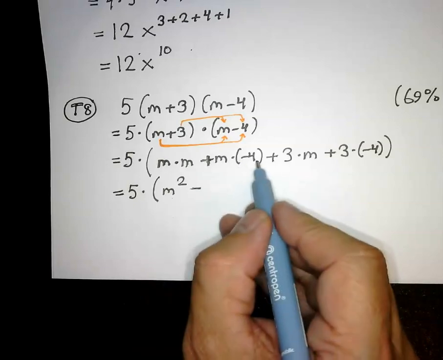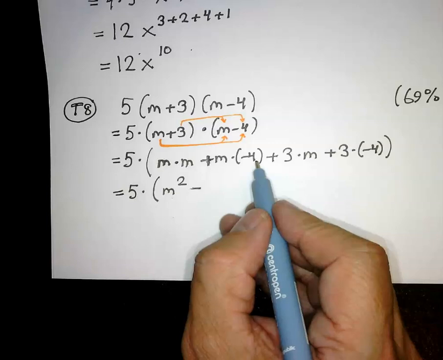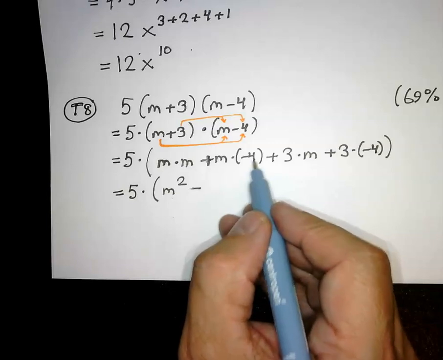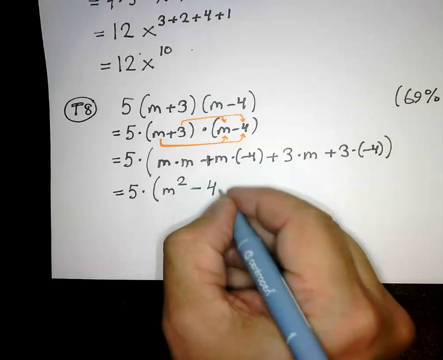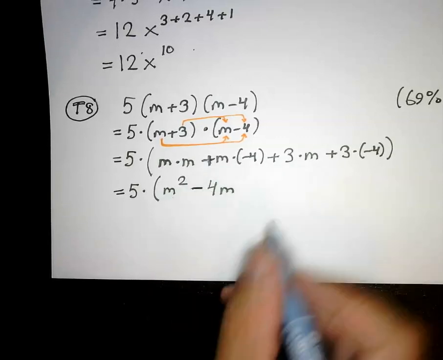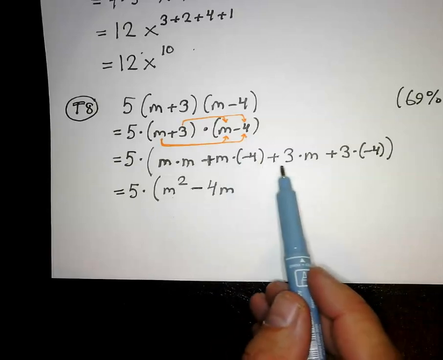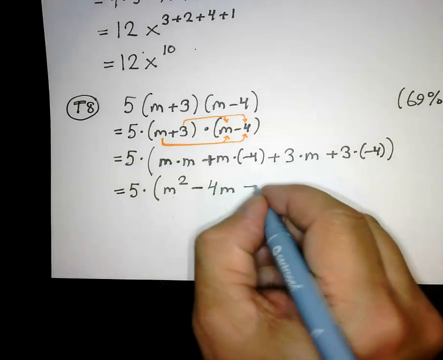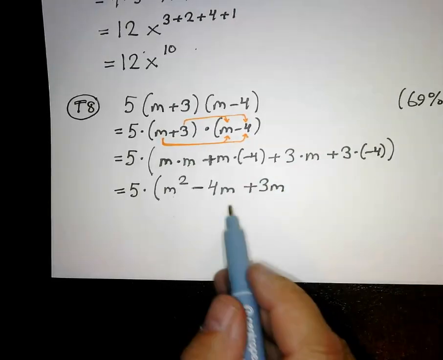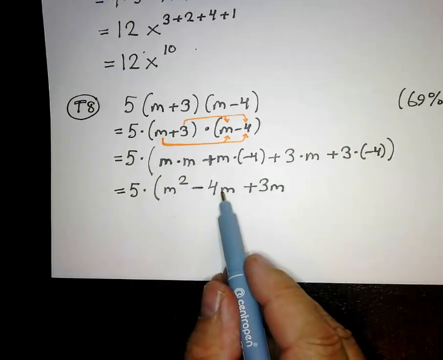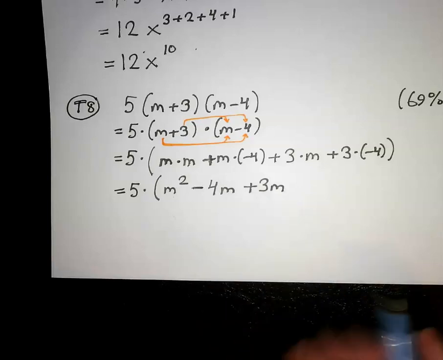And the number 4, I rather write it in front of m, so 4 times m. Here we have 3m, so we have plus 3m. We don't need to use those multiplication signs there.